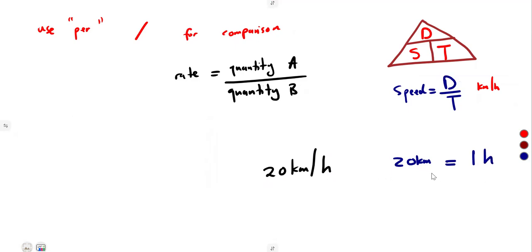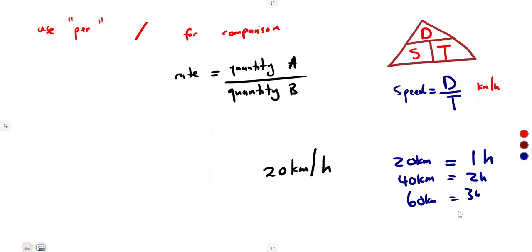We are comparing in that manner, say 20 kilometers we covered in 1 hour. So the moment we say 2 hours, it goes in the same manner. Multiply by 2, it's now 40 kilometers. 3 hours like that, 3 times this, it's now 60 kilometers.